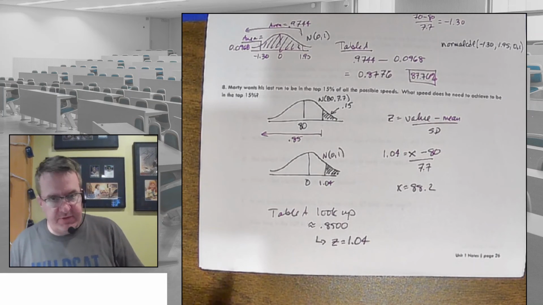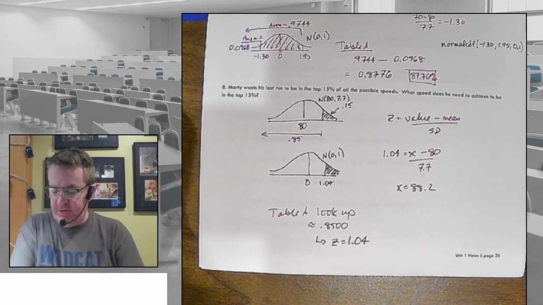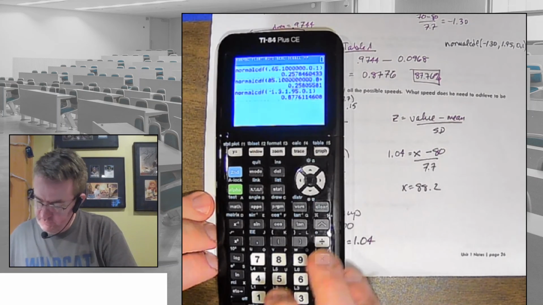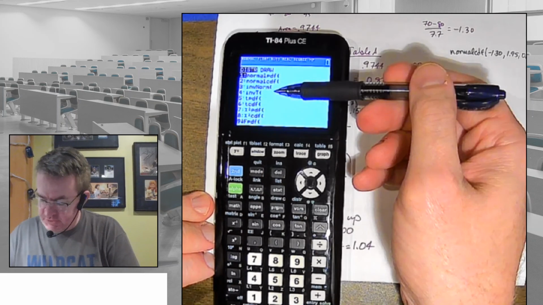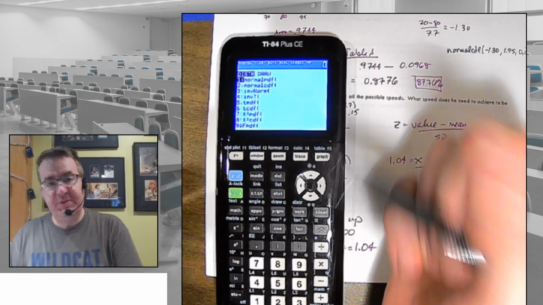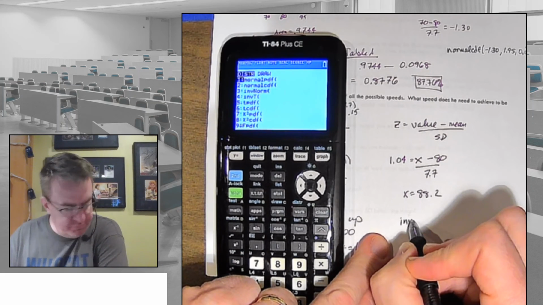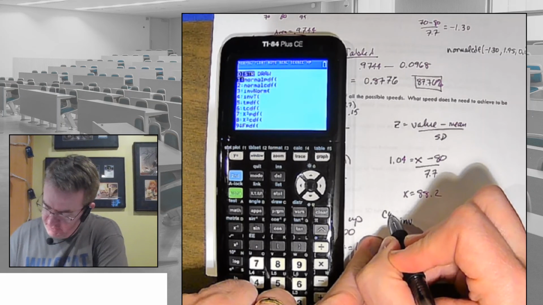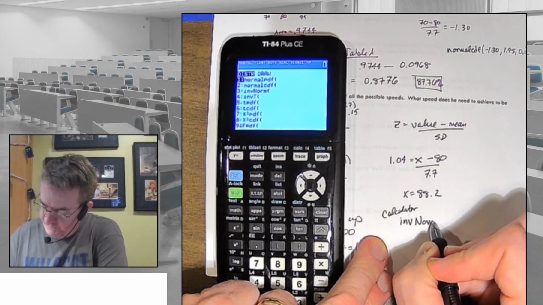If you want to do this on the calculator, it's a little different. What you're going to end up doing here is that there's another button, again under distribution, called inverse norm. Why inverse? Because you're undoing what we're doing. So this is for the calculator. Inverse norm.